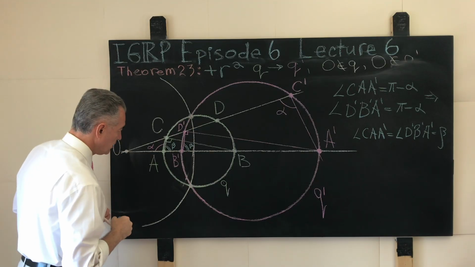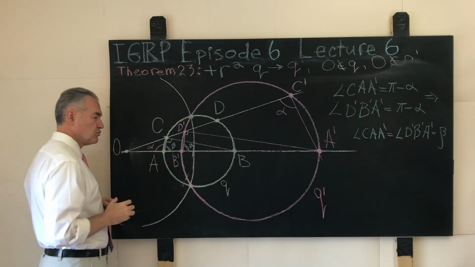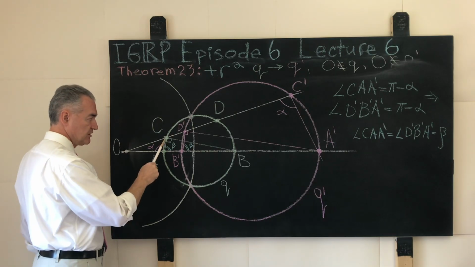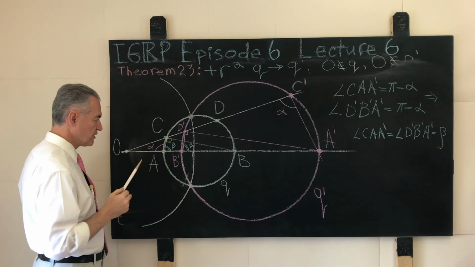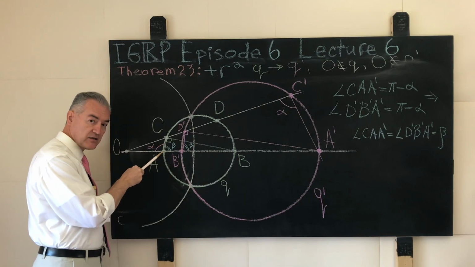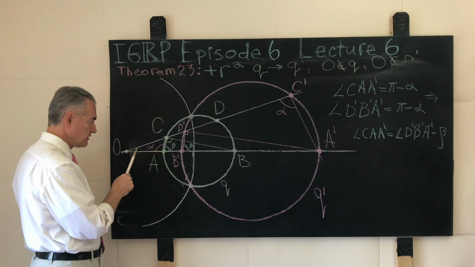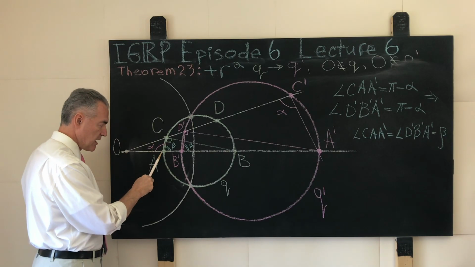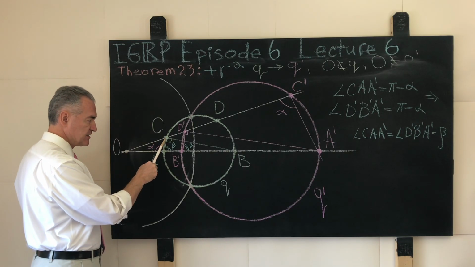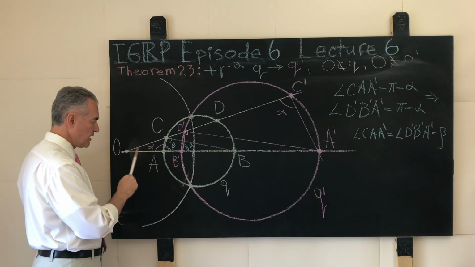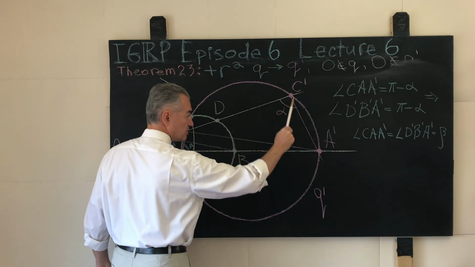So here we again throw at all this beautiful mess our theorem 22 and apply it to the points A and C as we did in the proof, but this time we'll look at the interior angle at the vertex A. By that theorem 22, the magnitude of the angle OAC must be the same as the magnitude of the angle OC prime A prime.